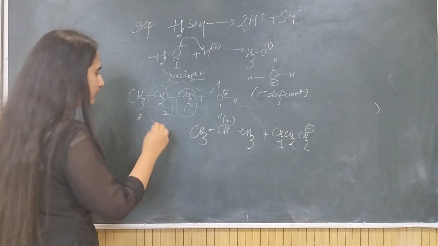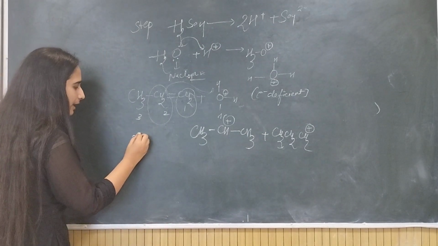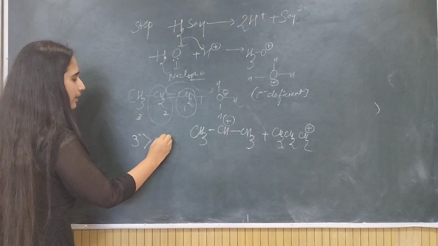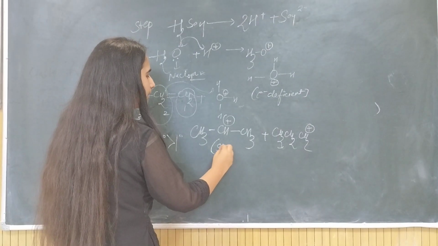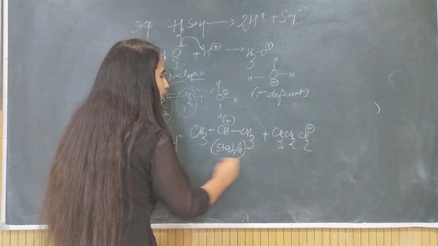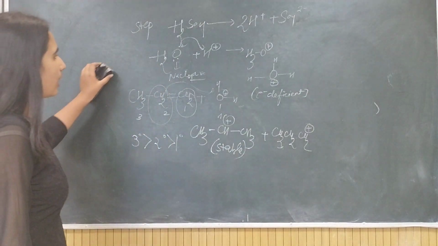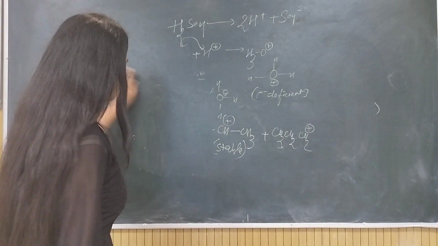So how do we decide? We decide by the stability of the carbocation. We know it is 3 degree, 2 degree, 1 degree. So which is more stable? It is more stable. Now we proceed to step 2.